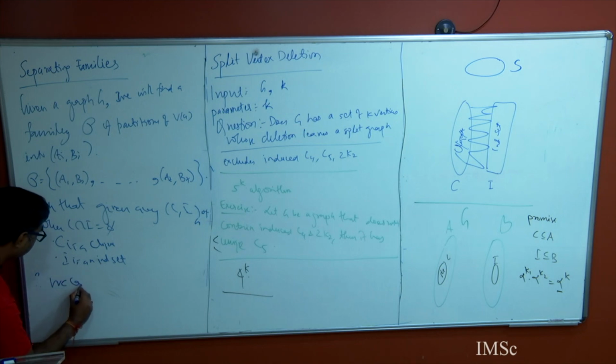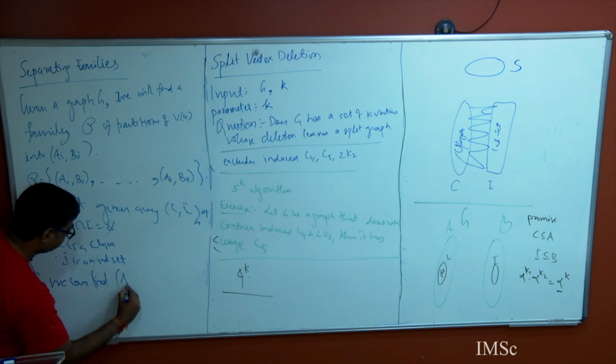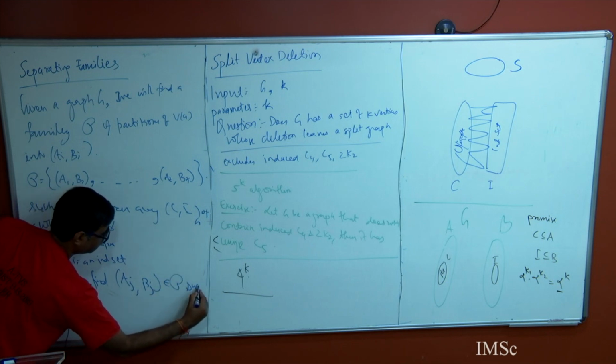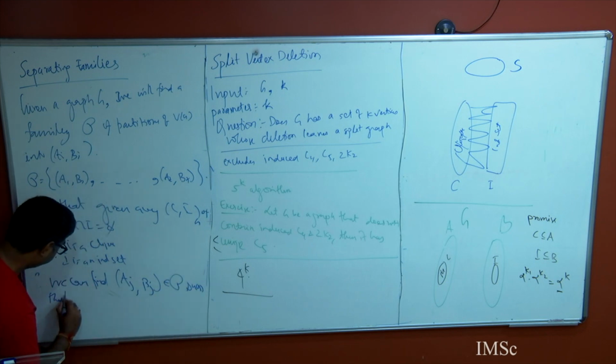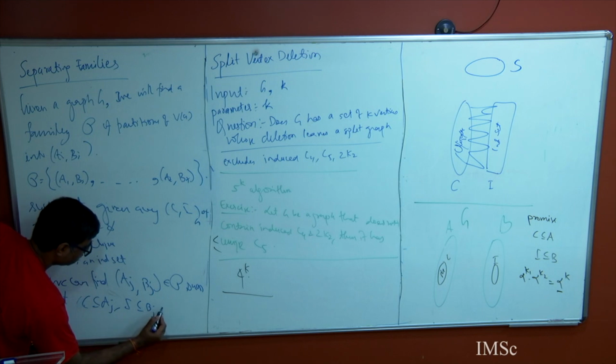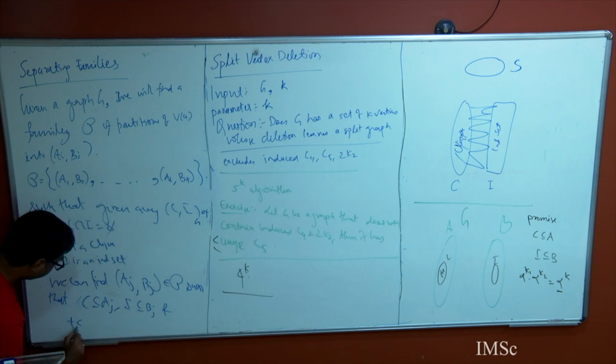Given any such pair, where C intersection I is empty, C is a clique, and I is an independent set, we can find some (Aj, Bj) in P such that C is a subset of Aj, I is a subset of Bj, and T is upper bounded by n to the power big O of log n.